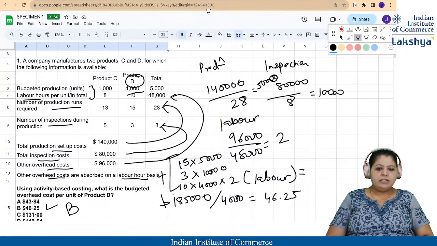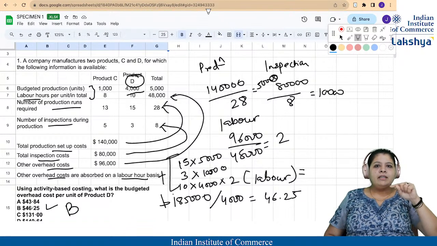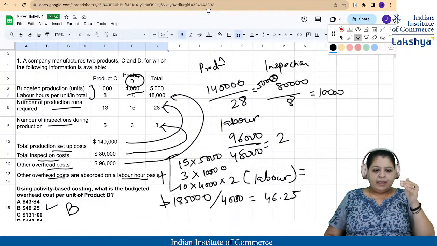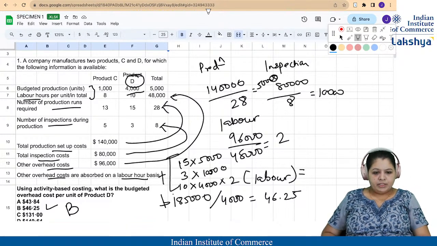So what we did here is we attached all the activity pools to the drivers and got the per unit price. Then we multiplied it with the total number of units of D that are required for the production, and then you divide it by the number of D units, right?